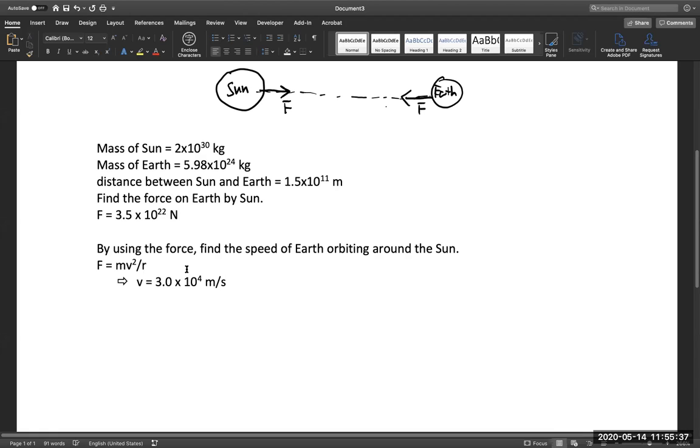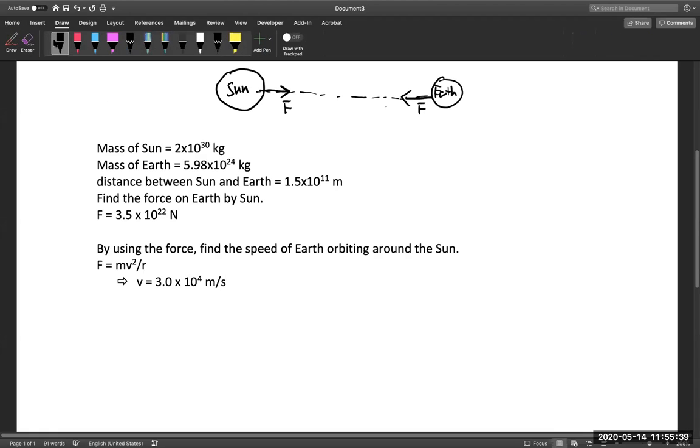Any question? Is my answer also correct? Yeah. And then the small m is the mass of the Earth. m v squared over r is the centripetal force, and the r is also given in the question. I think this is not too difficult, is it?